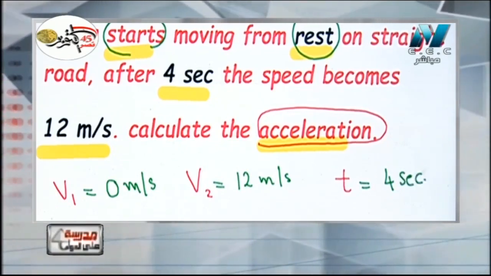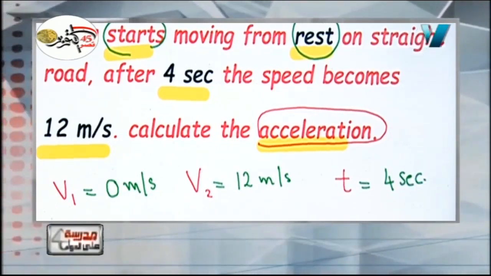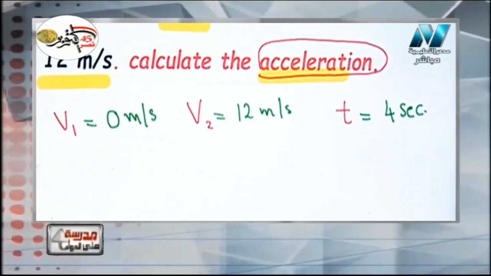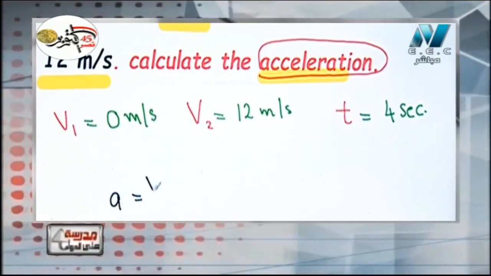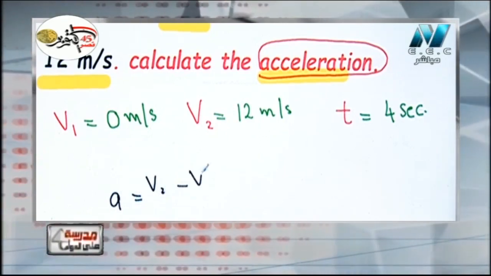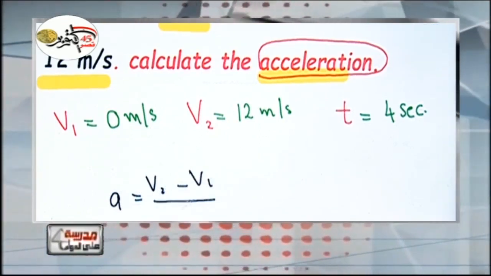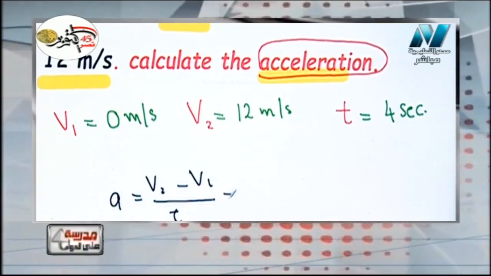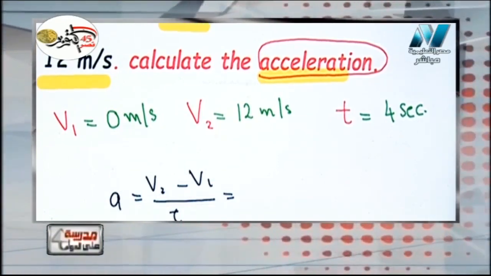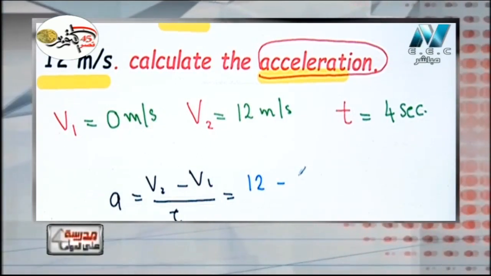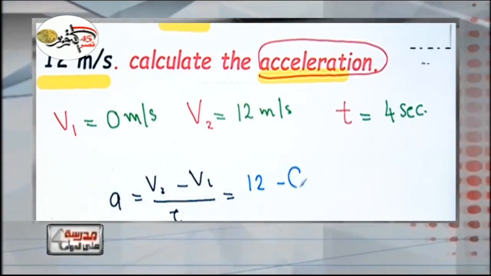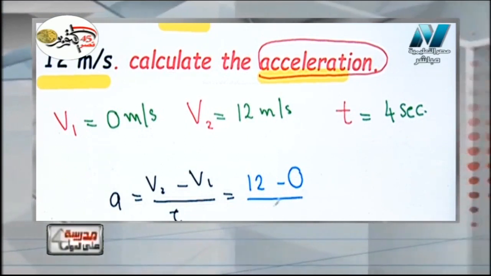Now we can calculate the acceleration from the mathematical law: A equals V2 minus V1 over T, or delta T. So V2 is 12 minus 0, over 4.